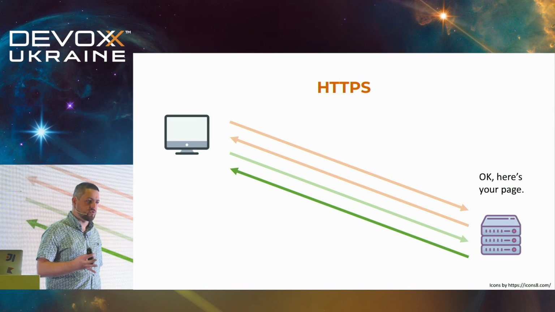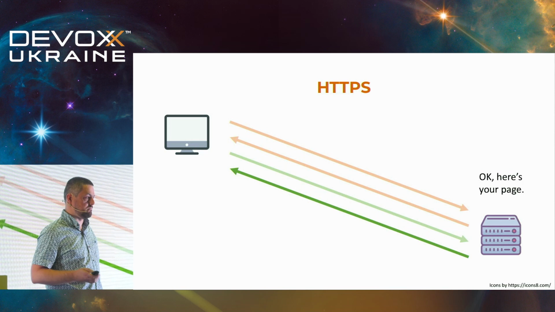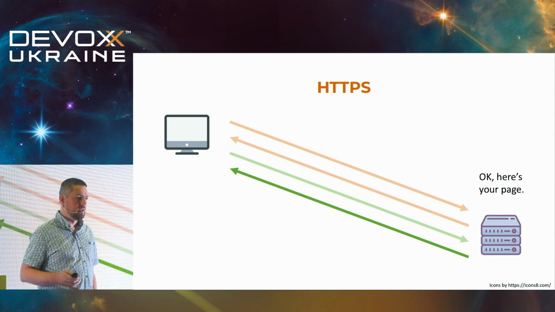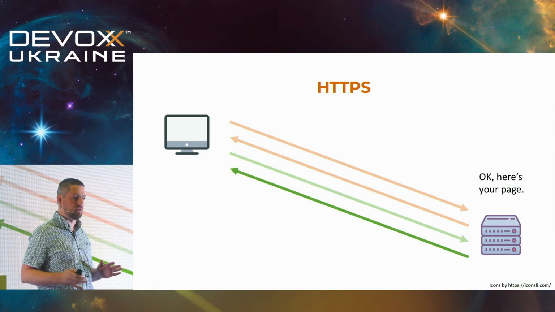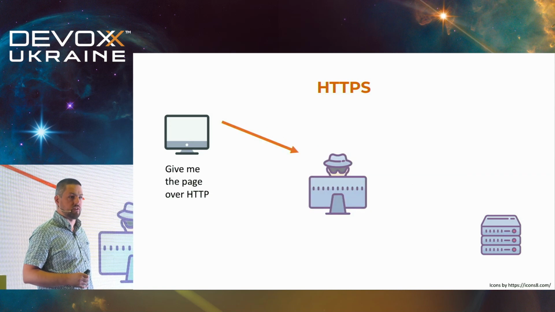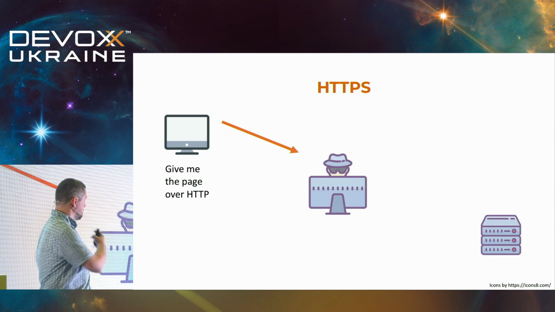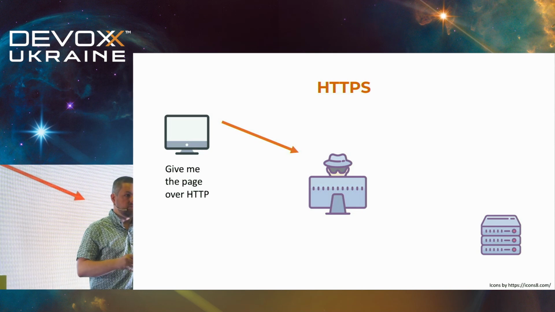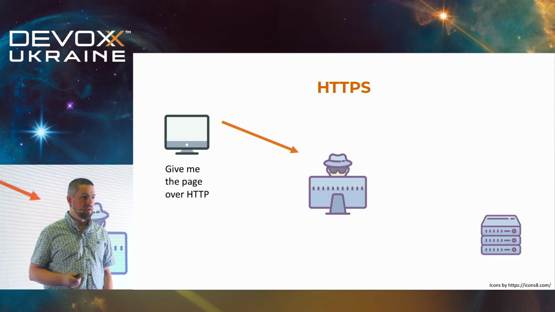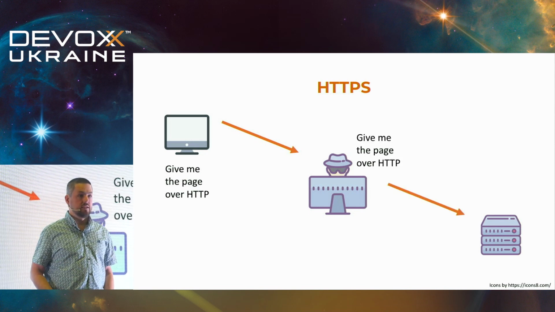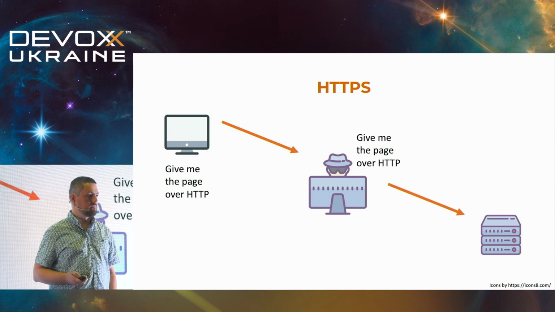There's still this first call over plain text where this evil person, the man in the middle, the mythical hacker who sees and does everything on your network, can start intercepting these things. So basically you say, give me the page. The man in the middle intercepts your request and says to the server, OK, give me the page.